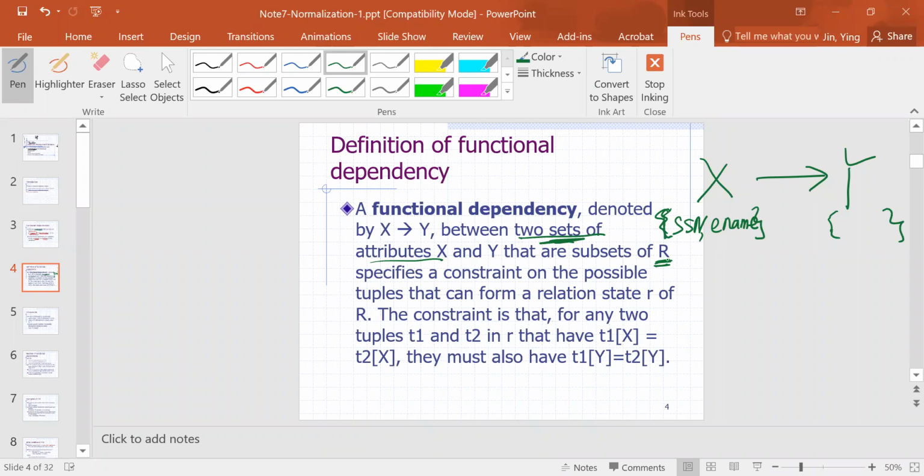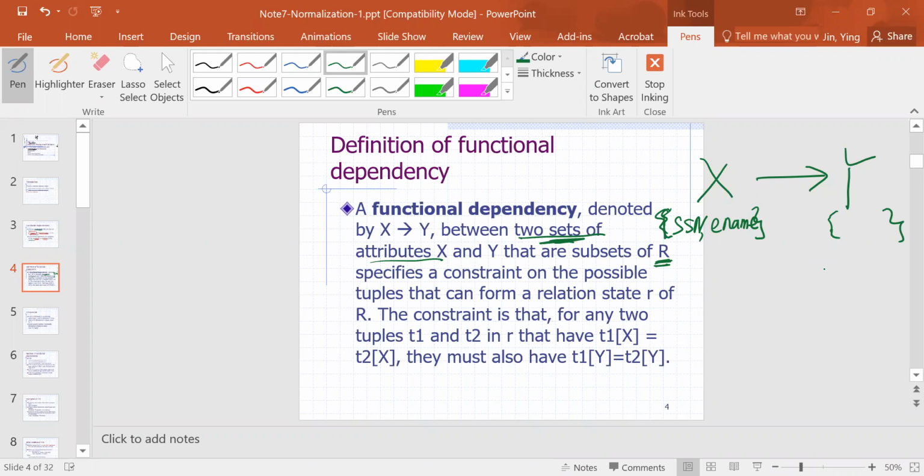When we analyze this at this point, we already know the company database, and we already divided it into tables. Now let's get rid of the table concept, just temporarily pretend that we don't see tables. We only see attributes.